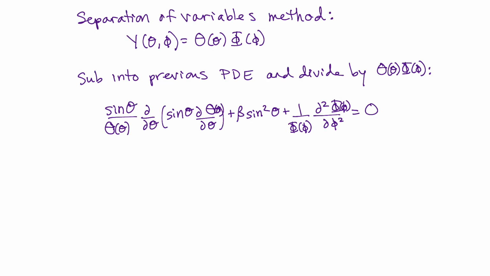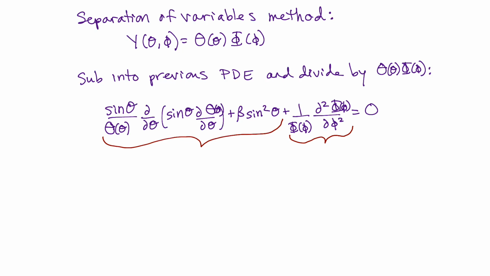Since we know that all of these terms sum up to equal 0, we can start to group them. Let's take all of our theta terms into one group, and all of our phi terms into the last group.